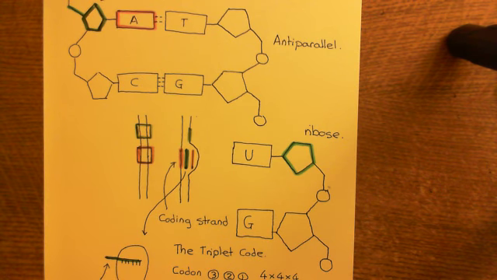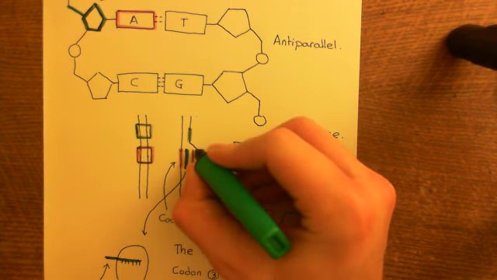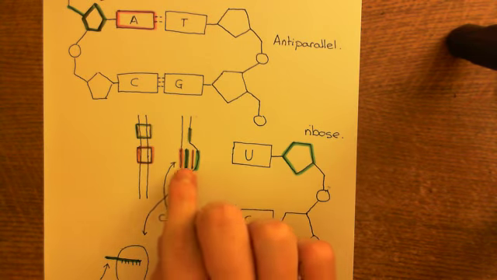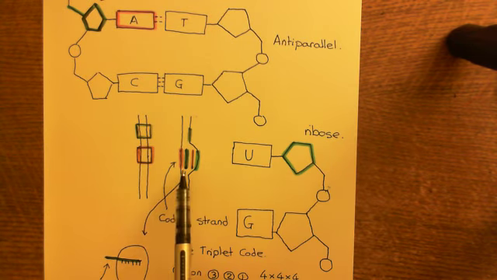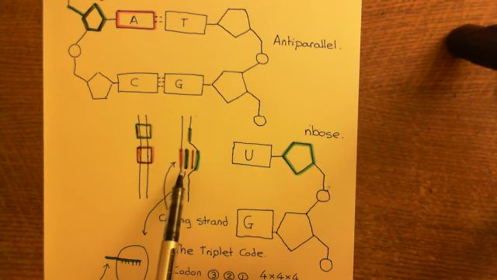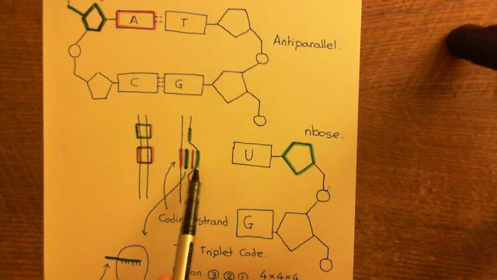Whereas the sequence of organic bases on this non-coding strand is the same as the sequence on the sense strand, because remember, they're both complementary to this coding strand. So the non-coding strand actually has the sense sequence of organic bases, basically.